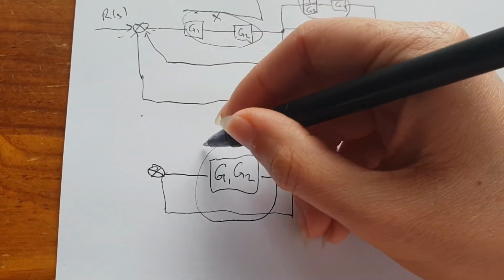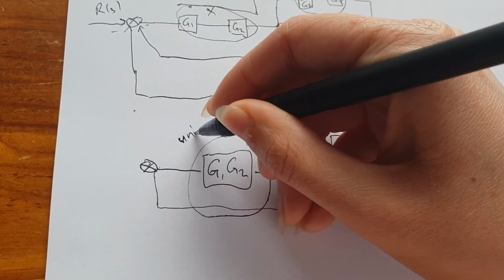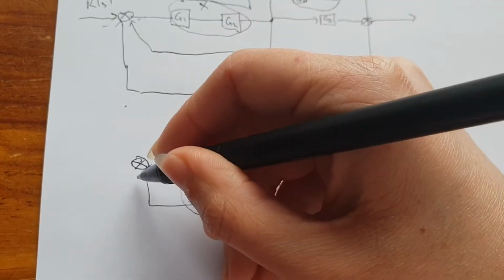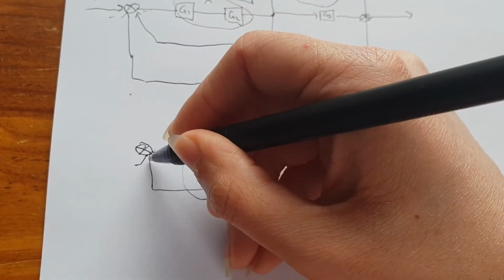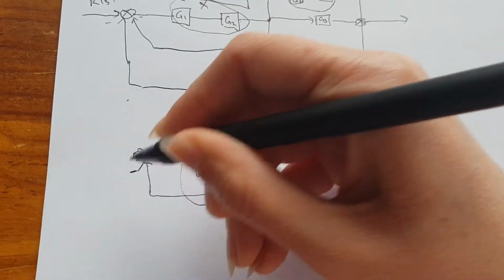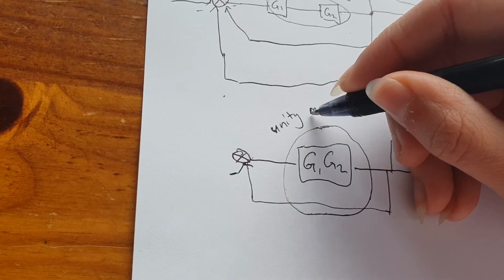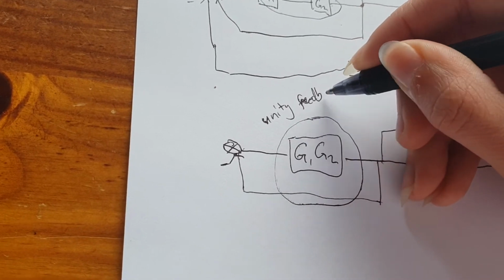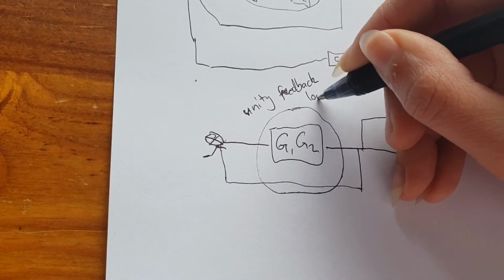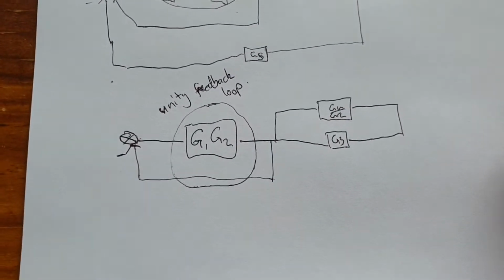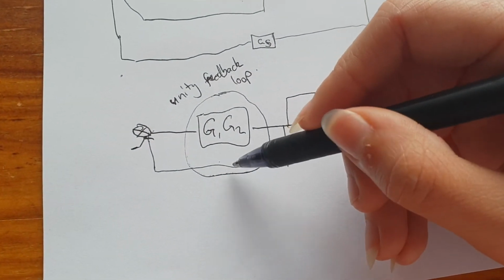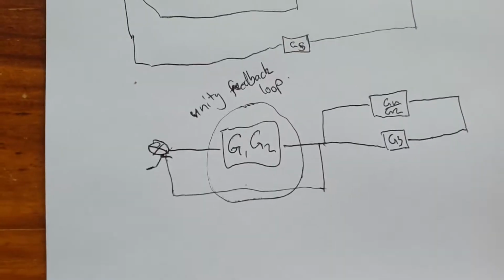As you can see here, now this is what we call a unity feedback loop. Don't forget, we have it indicated here as a negative. Because there's no other function here, it's just 1.